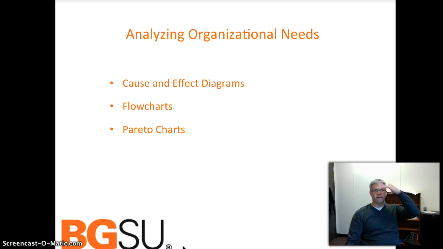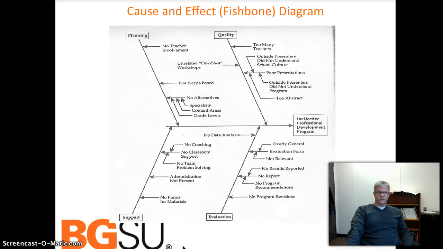So when we analyze our organizational needs, there's three pieces that Glickman brings forward. The one is this cause and effect diagram, which in this case is used as a fishbone, right? So the issue that we want to study is this idea of an ineffective professional development program. And through surveying and talking with people, we realize that there are 4 large categories which are the reasons why we ended up with this problem.